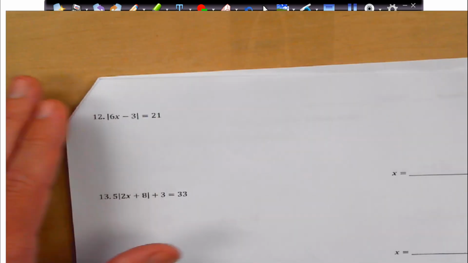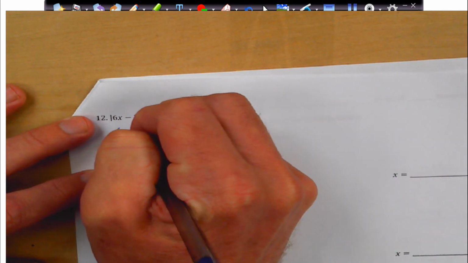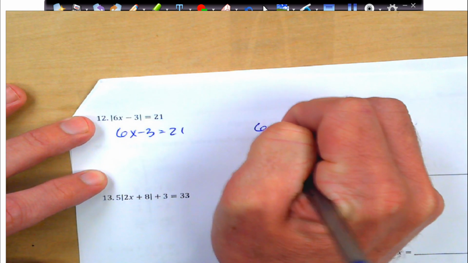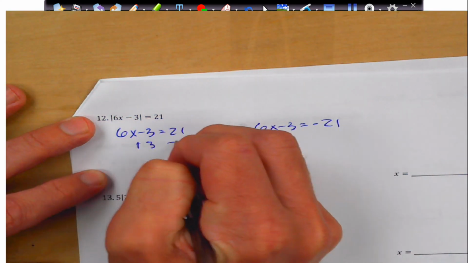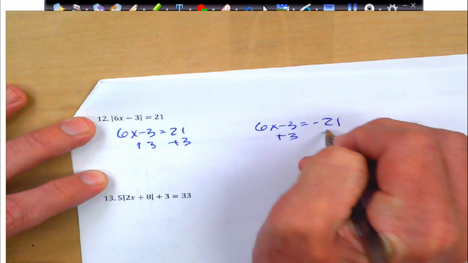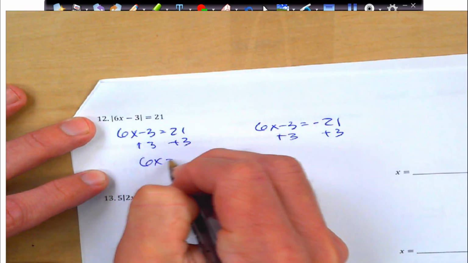Let's get her done. This one's already isolated, so we can go straight to our two cases. So that's what we want to do. And we'll get 6x minus 3 equals 21, and 6x minus 3 equals negative 21. We'll add 3 to both sides. On this side, we end up with 6x equals 24.